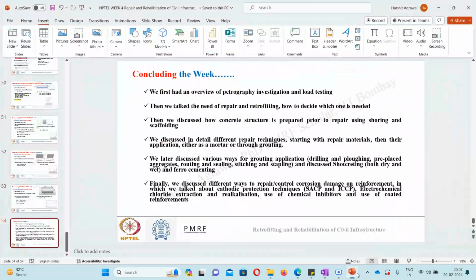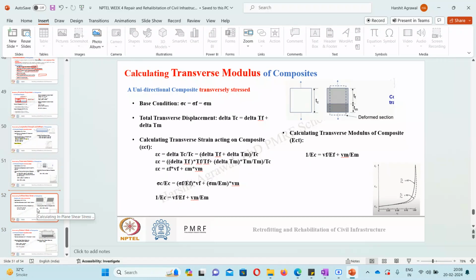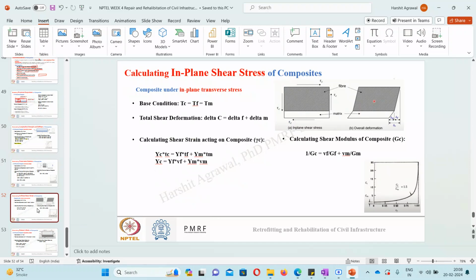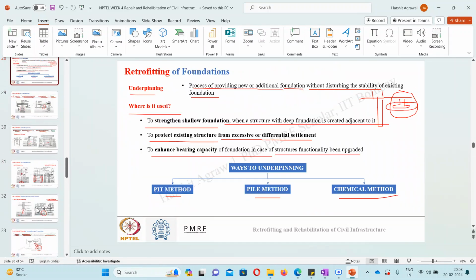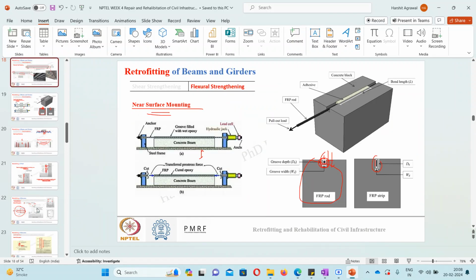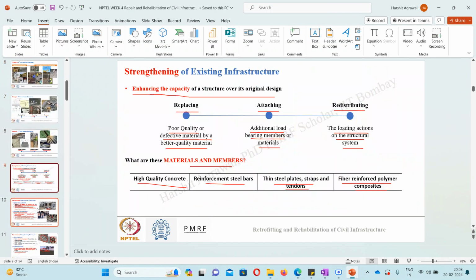Okay, so I hope everyone is clear with the discussion of micromechanics. So this was all for today's session. Today we first had an overview of petrography, what is petrographic investigation and the load testing that we discussed in the last session. Then we talked about an initial discussion of strengthening, how strengthening can be done, different strengthening of infrastructure.